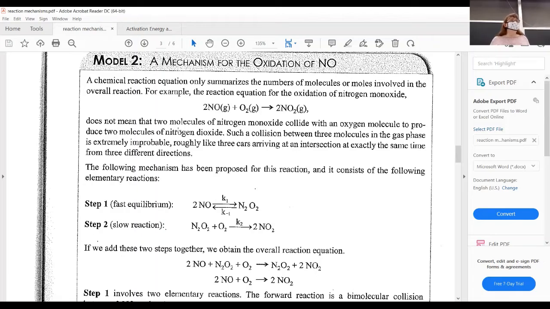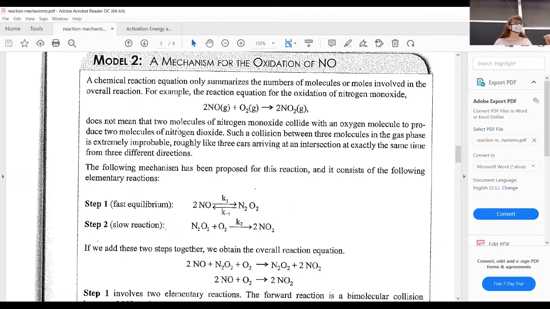And that generally happens in steps. So when I have a step, or what they call an elementary reaction, so an elementary step or an elementary reaction, what I see for the reactants are the actual molecules coming together. And we can describe how many are coming together with the molecularity, right?